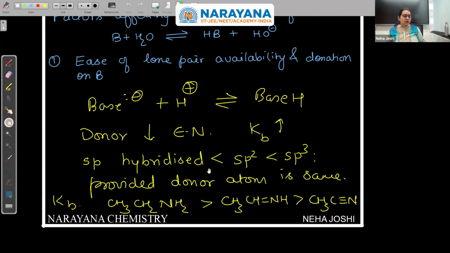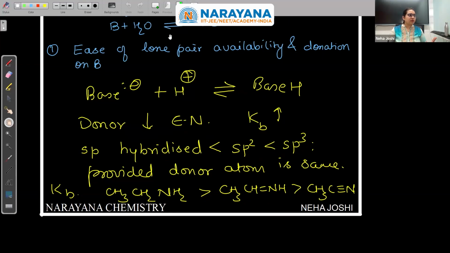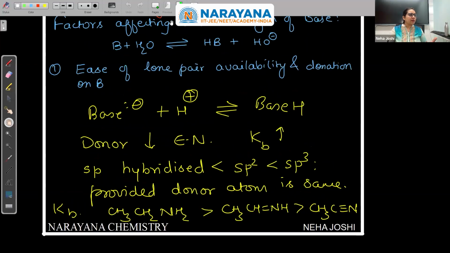So how it goes: the more the percentage s in the donor atom, the worse the base it will behave as. How to check that? Why will it be a bad base?